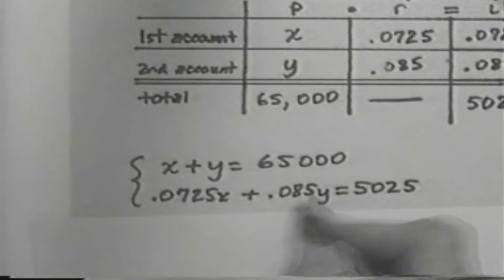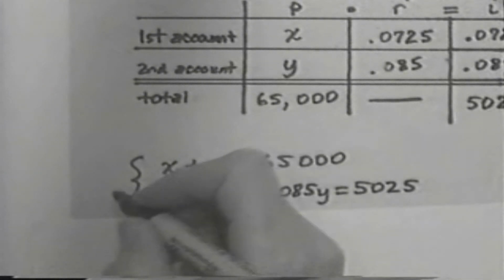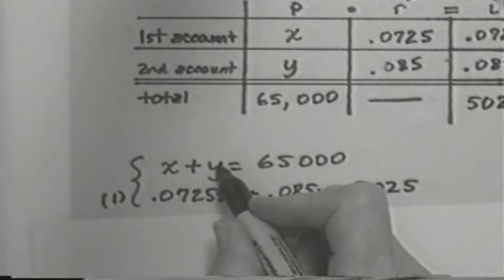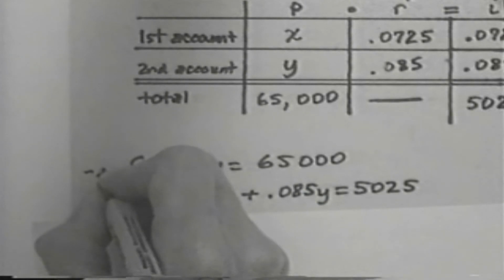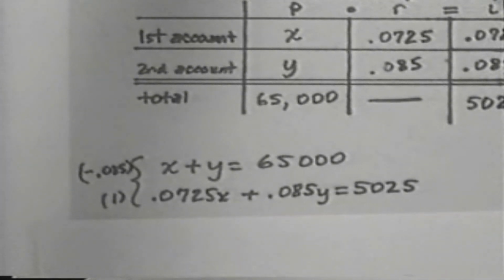I'm going to leave this bottom one as it is, multiplying it simply by 1. That means I'll multiply the top equation by the opposite of the coefficient in the bottom one, which is minus 0.085. So I multiply the top equation by minus 0.085.